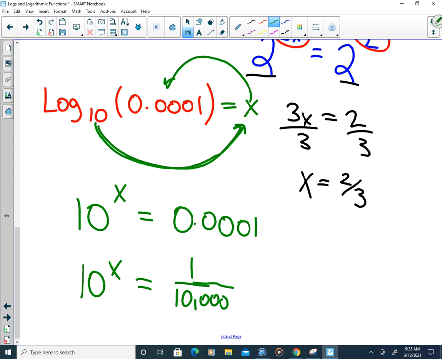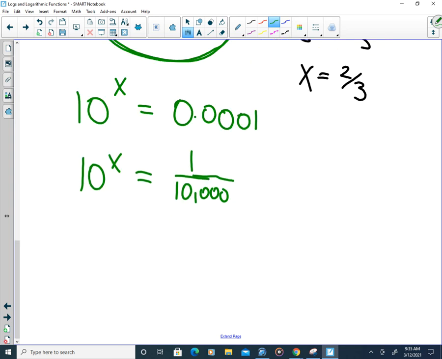Now let's see if we can rewrite both sides as powers. I'm just going to leave this as 10 to the x power. And I'm going to rewrite the right-hand side as 1 over 10 to what power? 1 over 10 to what power is 1 over 10,000? To the fourth power.